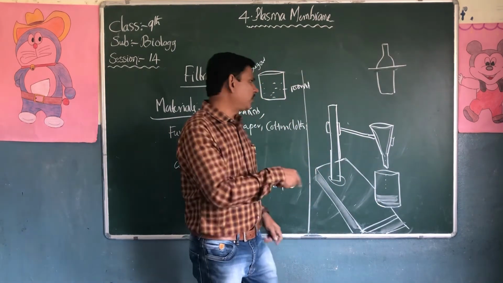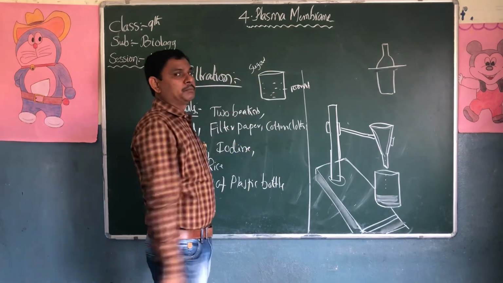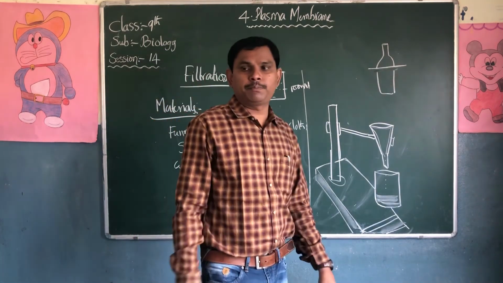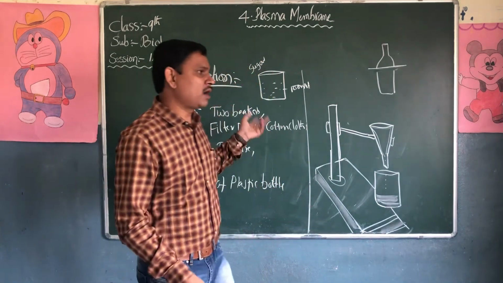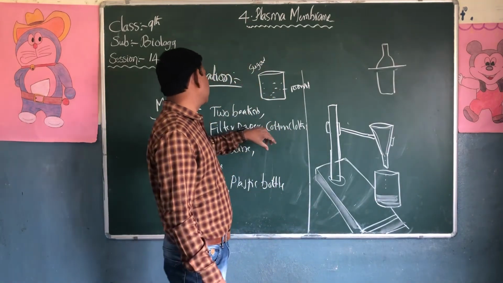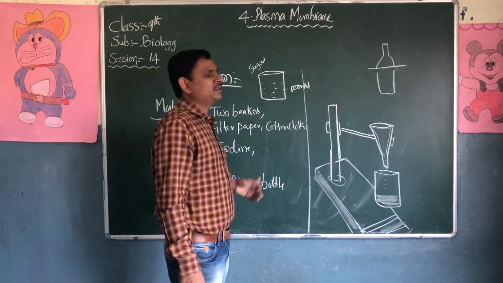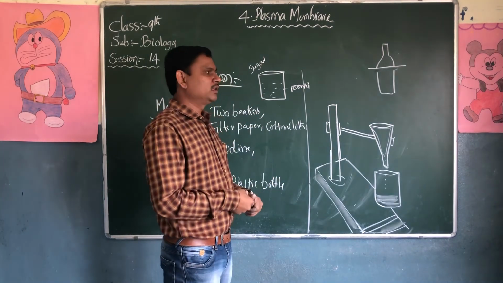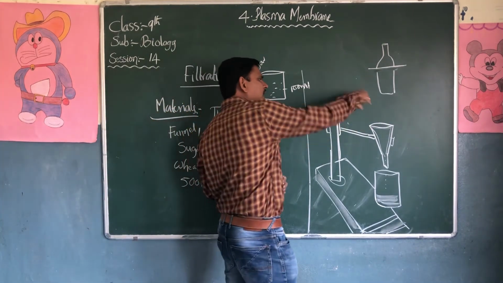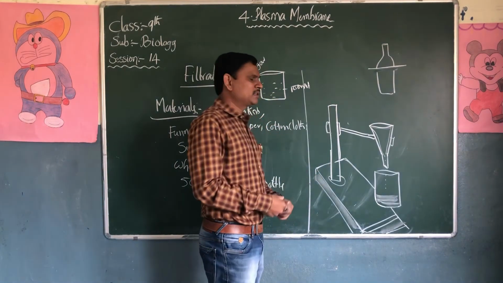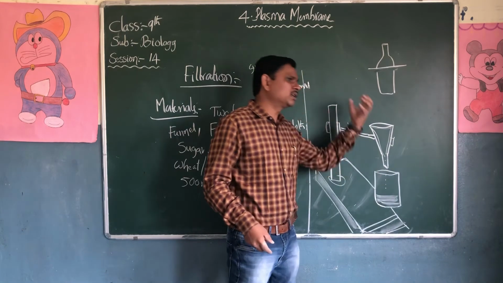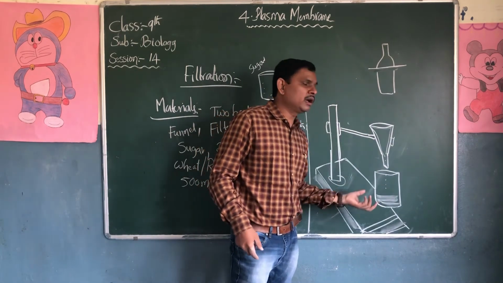Now you have to take the preparation, the solution which contains water, rice powder, sugar, dye. Mix it properly. Then start pouring into the funnel which contains filter paper. What happens? The water will be filtered into the beaker.